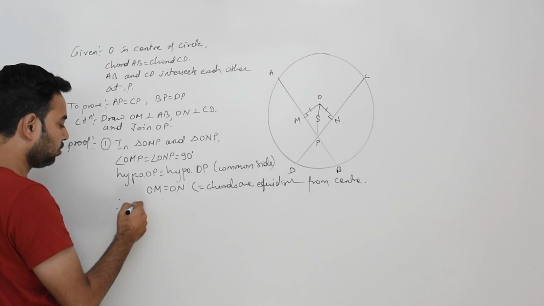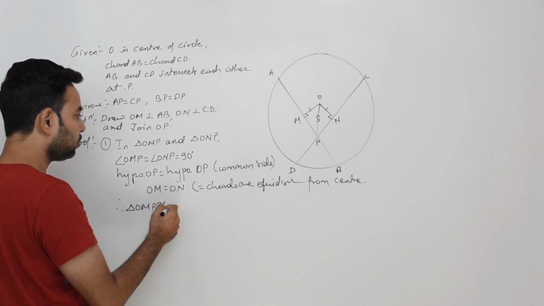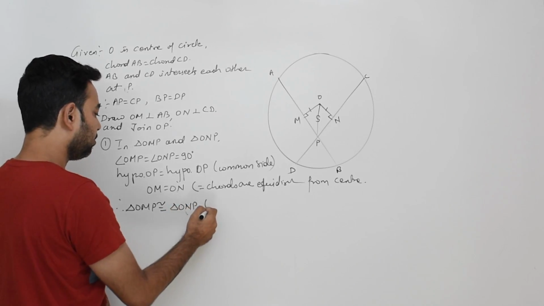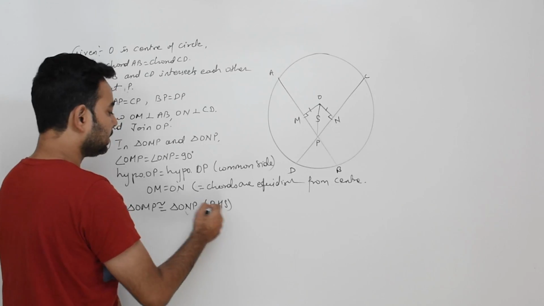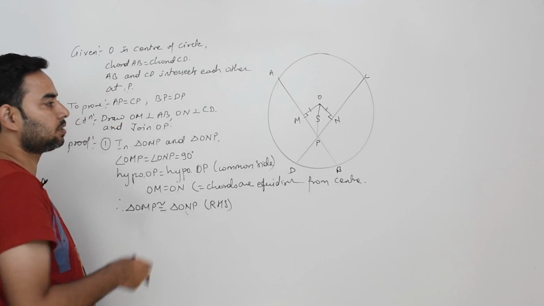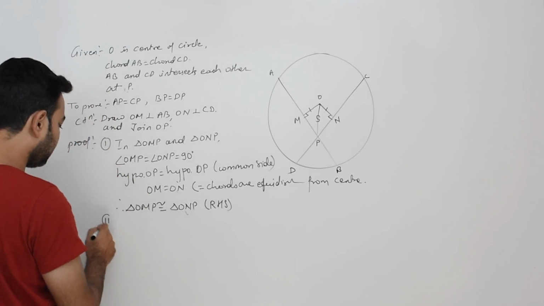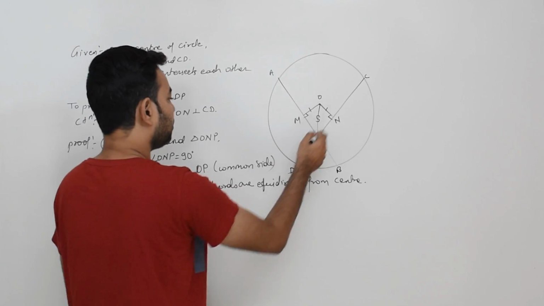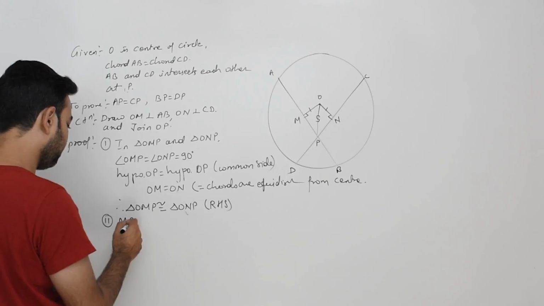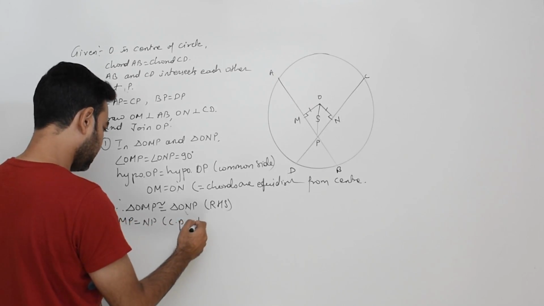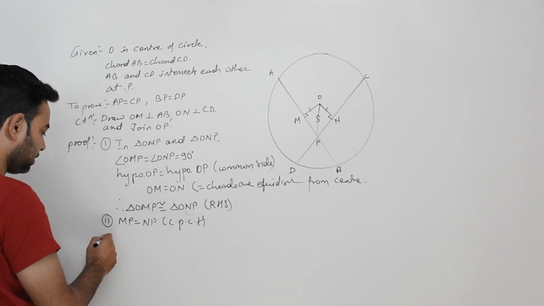Therefore, triangle OMP is congruent to triangle ONP by RHS test, right angle, hypotenuse and side. If triangles are congruent, corresponding parts are equal, it means MP equals NP. These are corresponding parts of congruent triangles.